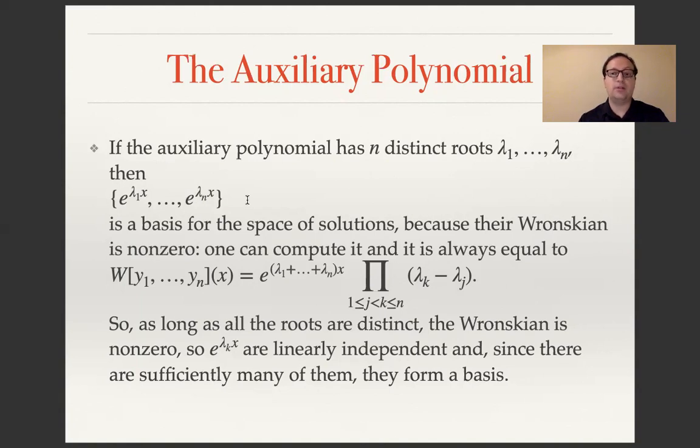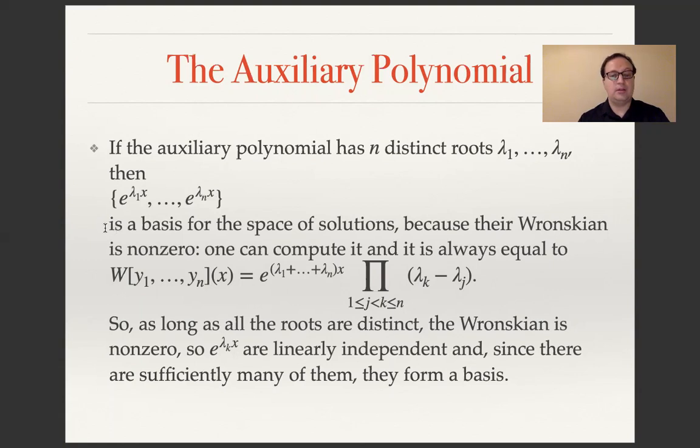So in order to check that they form a basis, we need to check two things. First, are there n of them? So again, if the polynomial has n distinct roots, where n is the order of the equation, and it's also the degree of the polynomial, then yes, there are n of them.